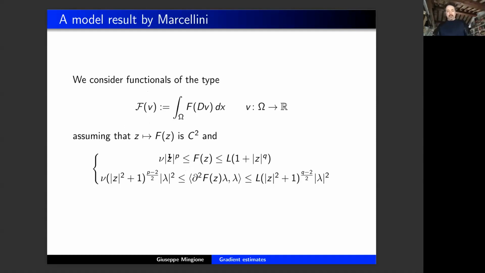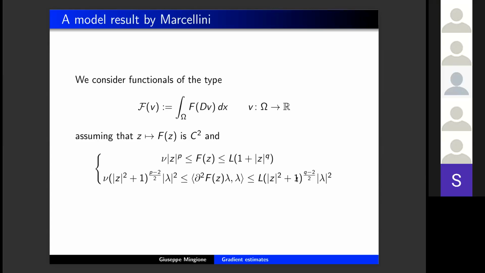Okay, then what you do is the following thing. You prescribe that the lowest eigenvalue is bounded from below by a p power of the gradient, and this is this left-hand side inequality. The right-hand side inequality tells the same, and then you're bounding the highest eigenvalue by a power q minus 2.